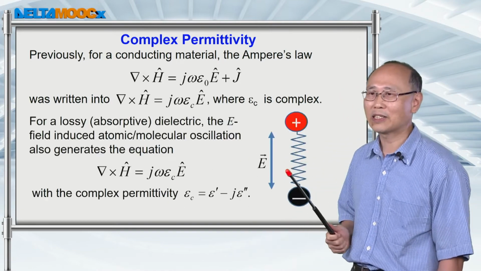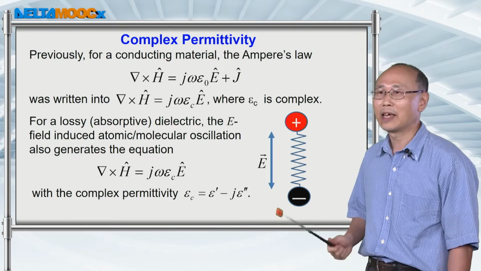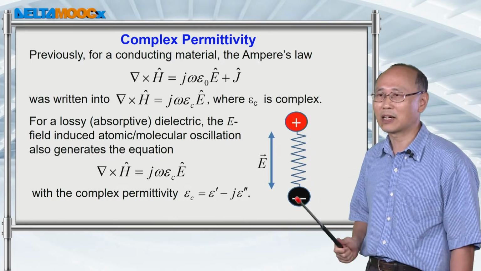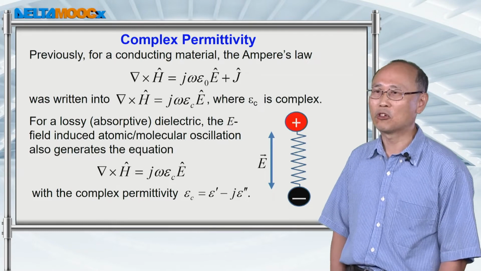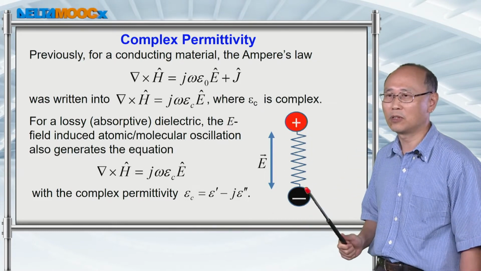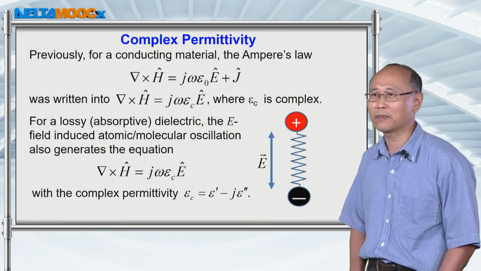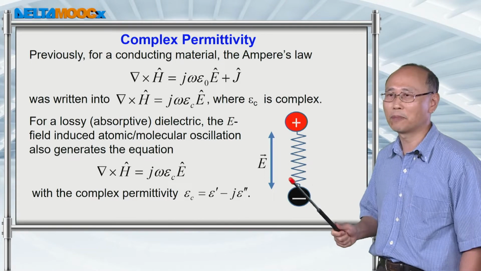But inside a piece of dielectric, there will be a lot of dipoles. This is the cartoon for a dipole. A dipole consists of two charges, one positive and the other negative, separated over some distance.